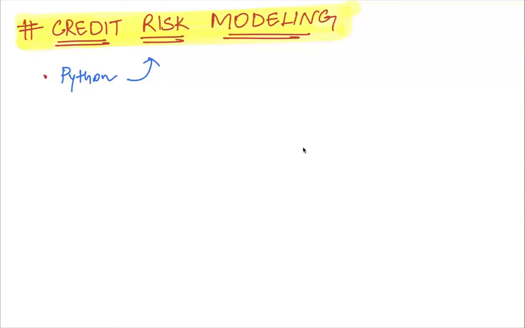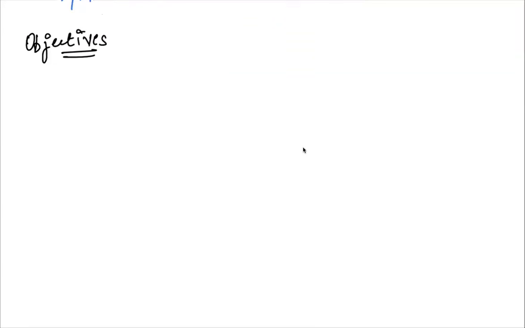Now the question is, what will we cover in this whole video series? So let me brief you on the objectives of this whole video series. We'll understand what is credit risk.